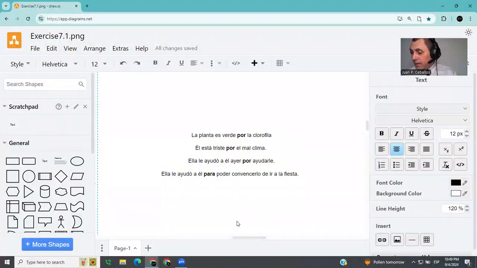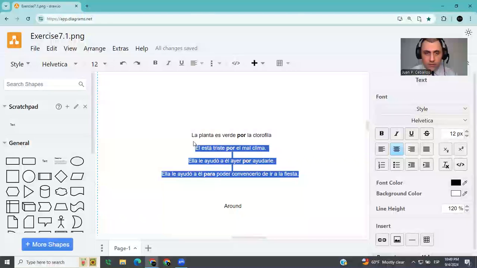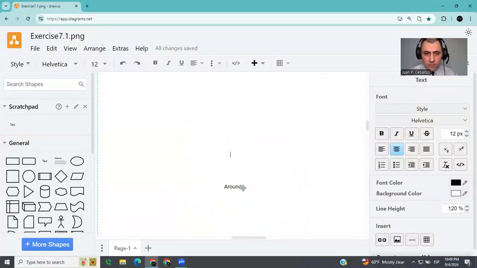Another thing that the books do not explain here is that por can also translate as around in English in certain cases.